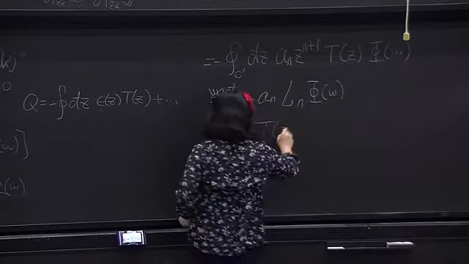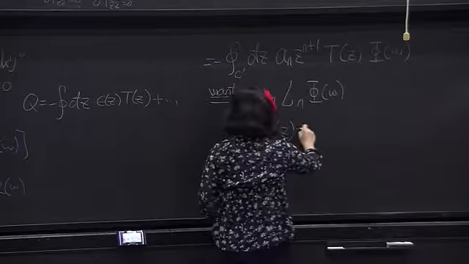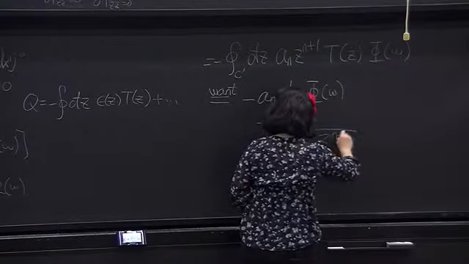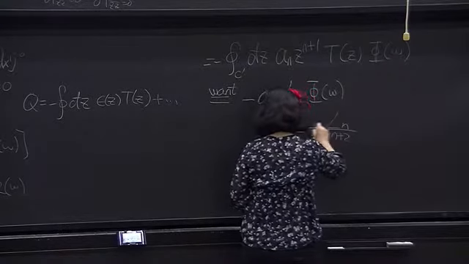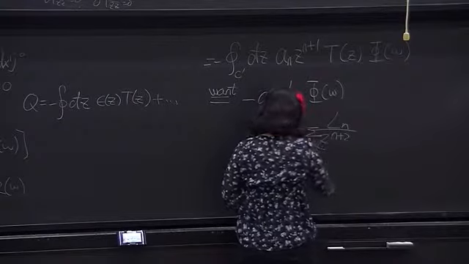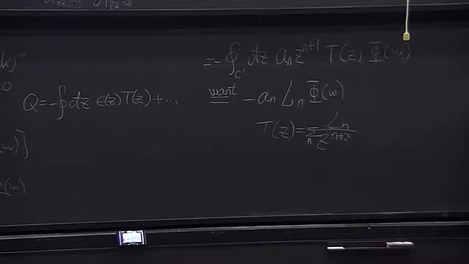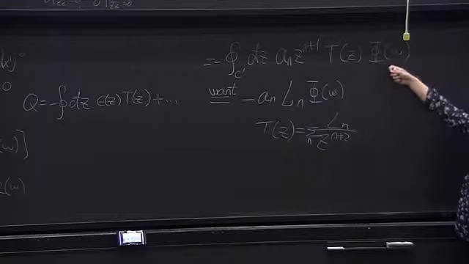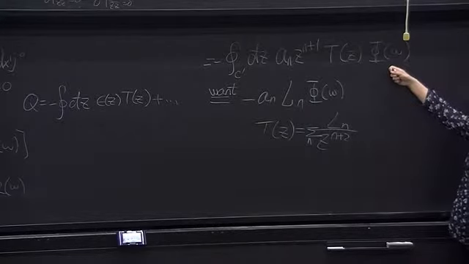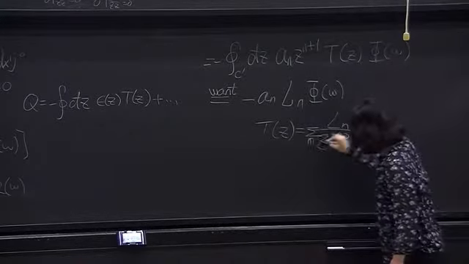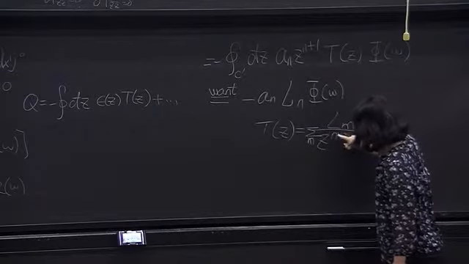Tz, we expand Tz in the following way. So if Tz has a Laurent expansion, which I don't see why not, then we can plug this expansion into that contour integral. Okay, maybe let me use another letter, m.